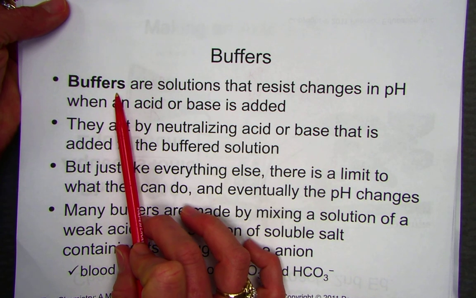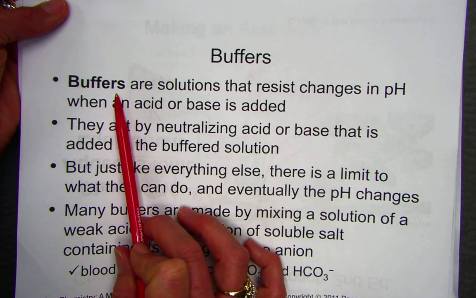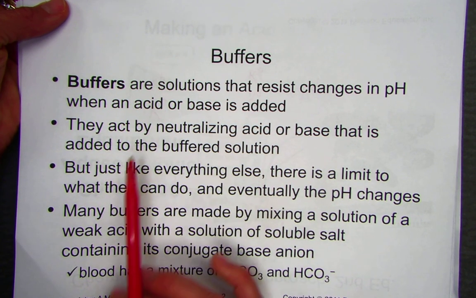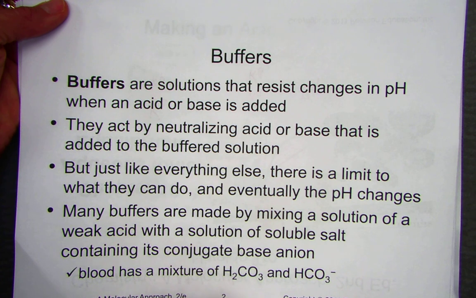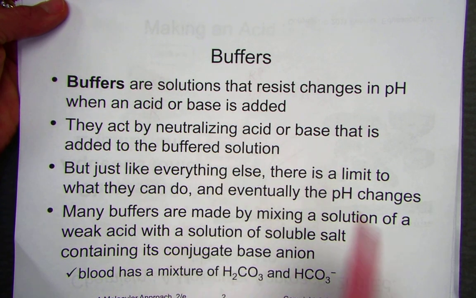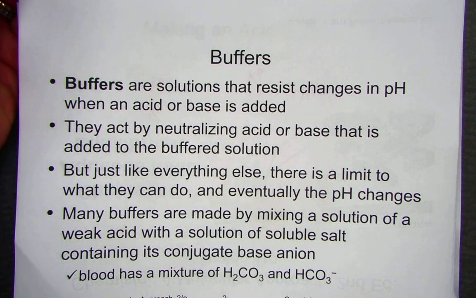So oftentimes we'll buffer that tablet. There's a brand name called buffered aspirin. What they do is add a chemical that coats that aspirin tablet to help the stomach digest that without upsetting it.